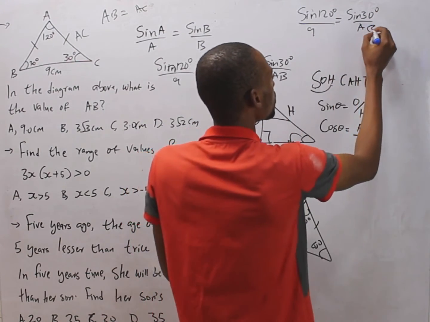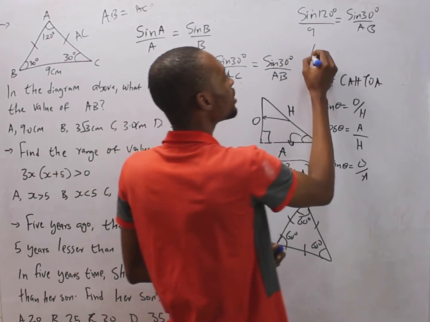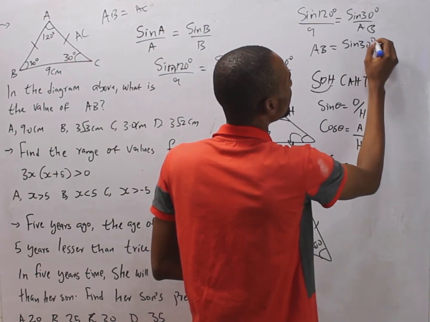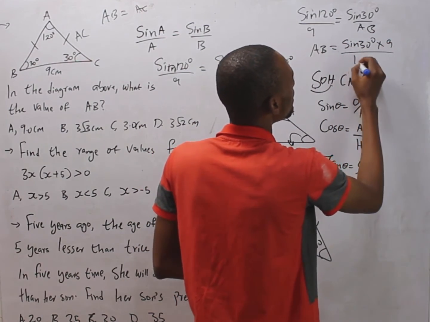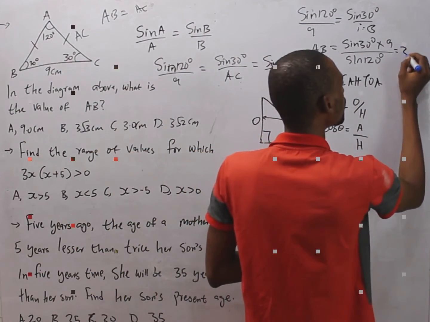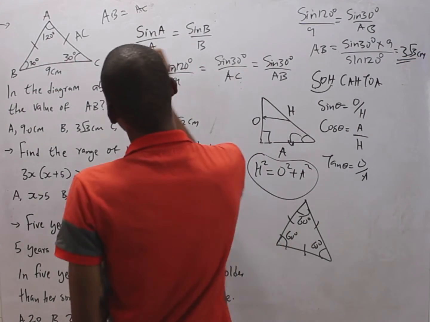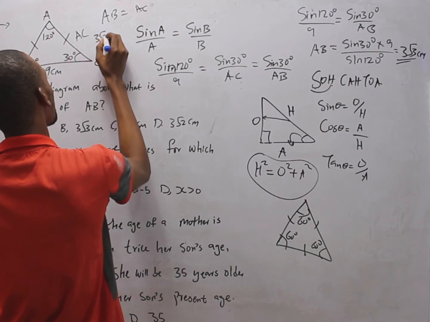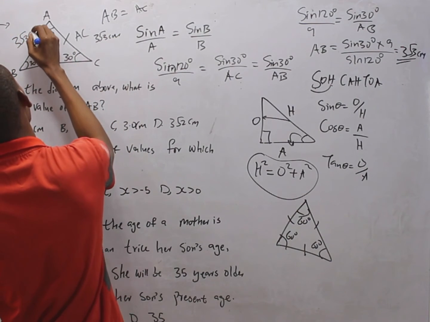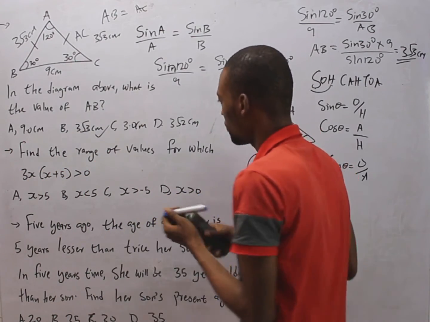Making AB the subject of the formula, AB equals sine 30 degrees times 9 all over sine 120 degrees. This is equal to 3√3 centimeter. So AC is 3√3 centimeter and AB is 3√3 centimeter. So the correct option is 3√3 centimeter.